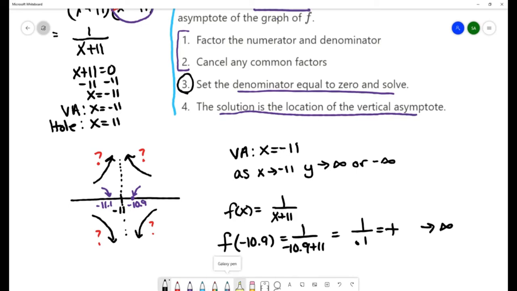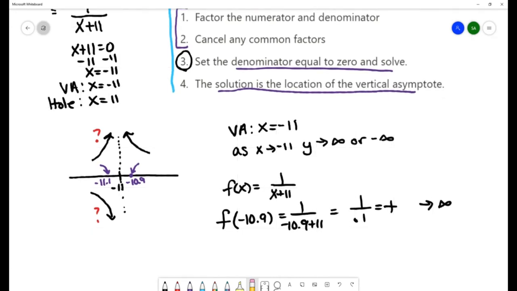So now, instead of a question mark over here, let me get rid of this question mark. I now know it's going to go to infinity on the right, and I can get rid of this one going to negative infinity on the right. And then we'll test the other side. F of negative 11.1, that's 1 over negative 11.1 plus 11. Now we have 1 over negative 0.1, and that's a negative number.